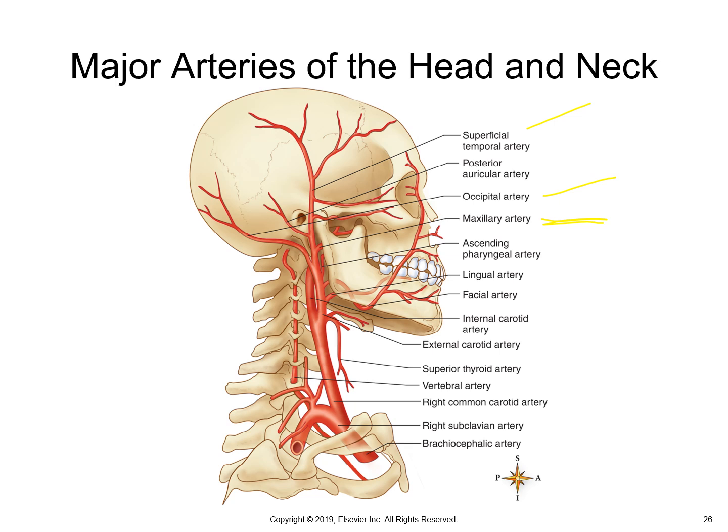And then we have the lingual artery, and the lingual artery provides blood to the tongue and also the floor of the mouth. All right, so vertebral arteries, they travel through the vertebrae.